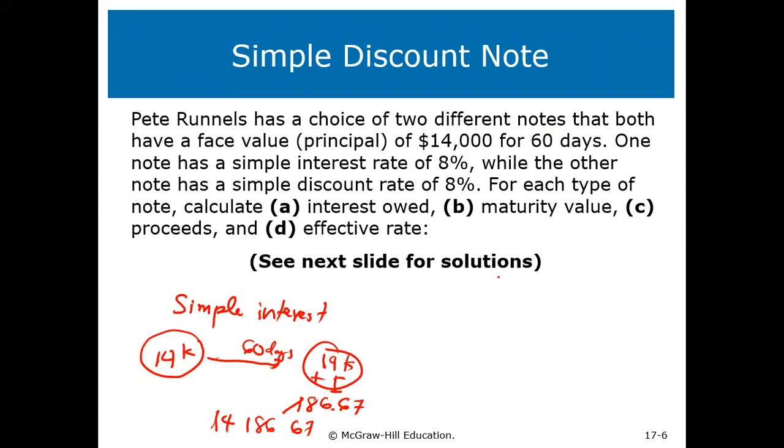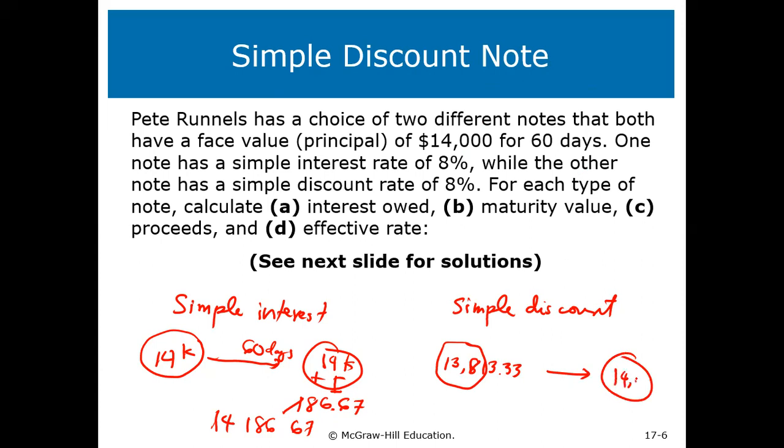So for the simple discount, the borrower only gets 13,813.33, and then at the end pays 14,000.